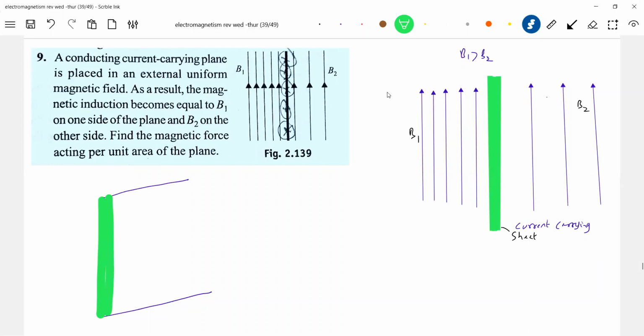Look at this. This is the sheet. Here, let me assume a current into the plane. Let me bring a small strip.